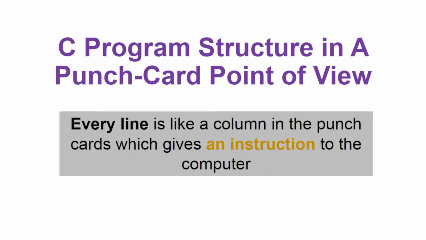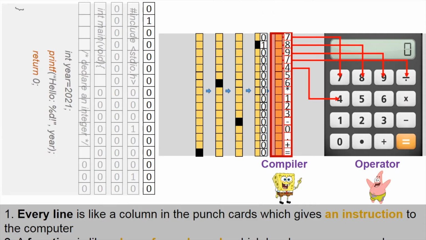And this may sound not that intuitive for you. Let me explain it from the punch card point of view, because we already have the punch card idea from lecture 1. Every line here is like a column in the punch cards, which gives an instruction. Every line is just like a column, and when feeding this punch card line by line to the reader, here the reader is a compiler, then the command will be executed.